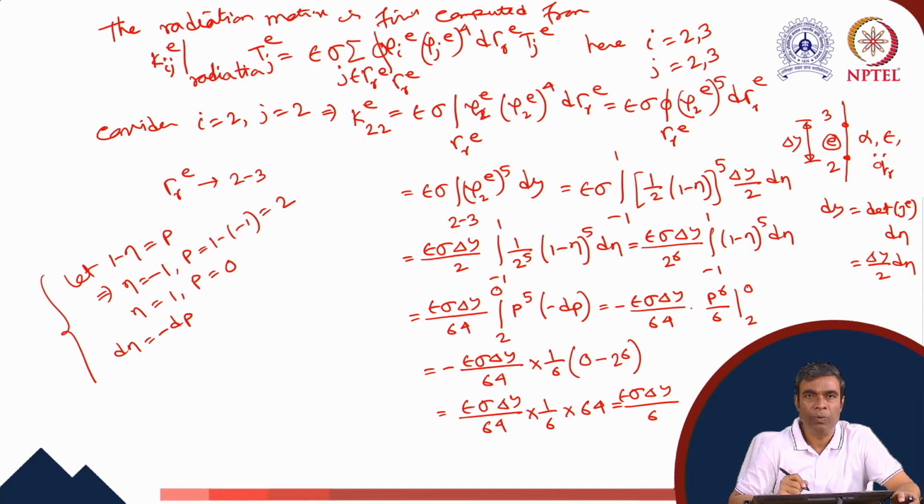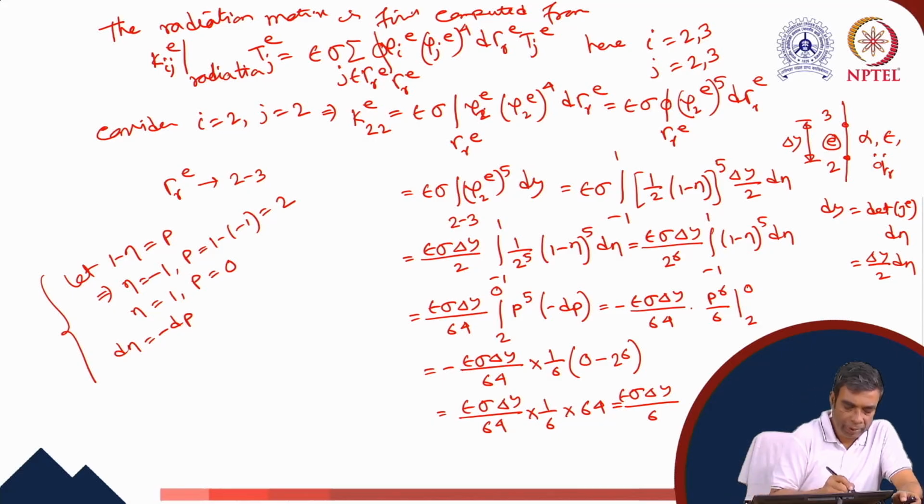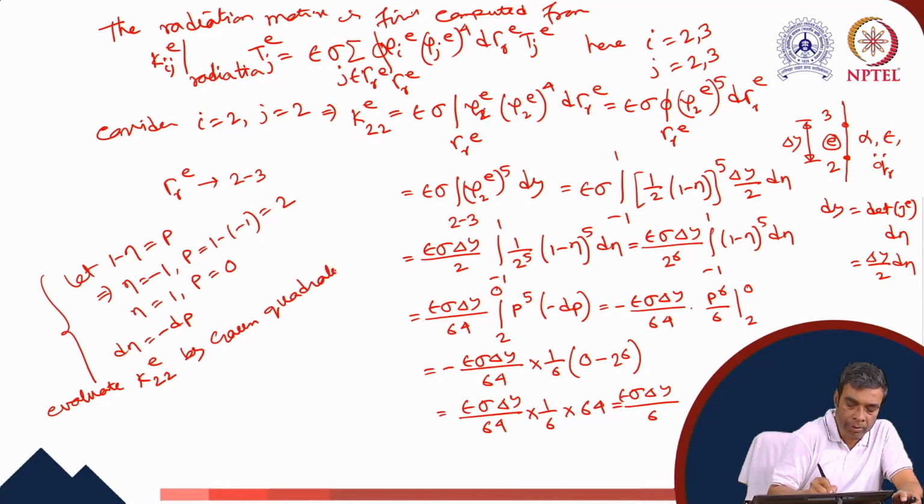Now this we can try to evaluate by using Gauss quadrature. Evaluate K22E by Gauss quadrature. If we look into the integrand, our integrand was a fifth order polynomial. We have 1 minus eta to the power 5, or p to the power 5 into dp.